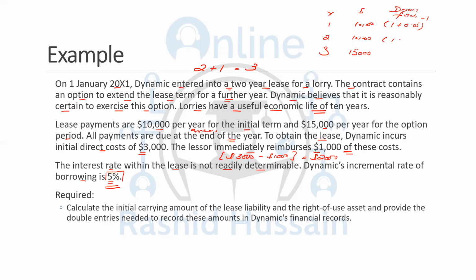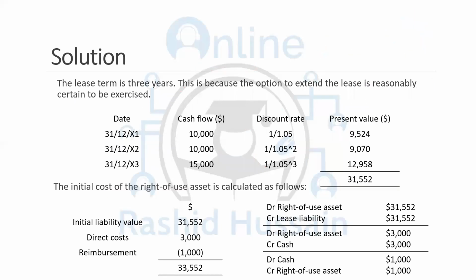In the second year, it is going to be 1 plus 0.05 raised to power minus 2. In the third year, it is going to be 1 plus 0.05 raised to power minus 3. And then you will get the present value of the lease payment, which is the initial value of the lease obligations. I've already done it over here, so there's no need to calculate it.